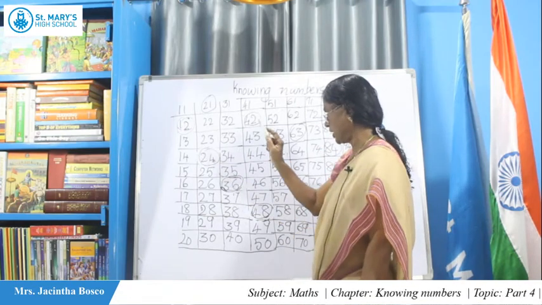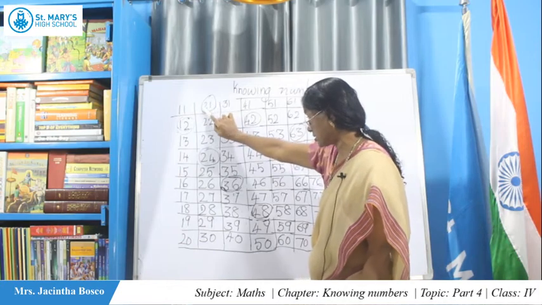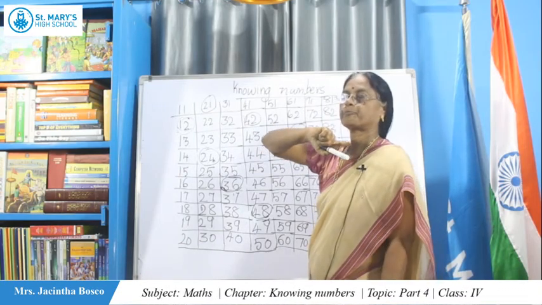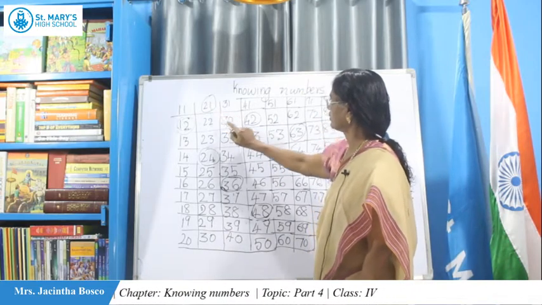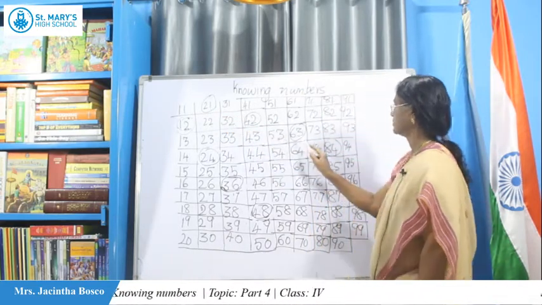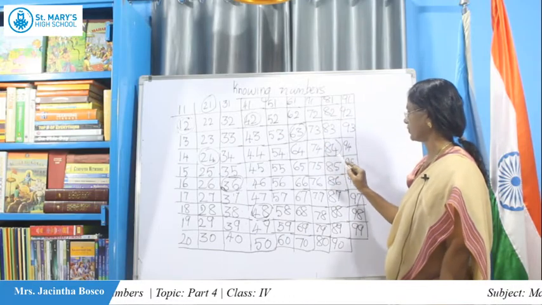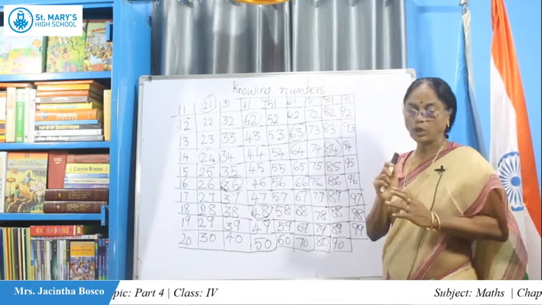Now, we are going to see where the tens digit should be double the units digit. 21, 42, 63, 84. So, what do you have to write as your answer there?